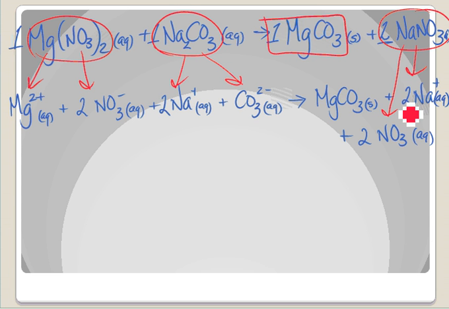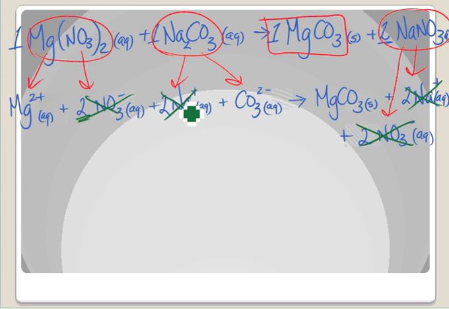Now we have to get rid of anything that is on both sides. They cancel each other out. We have 2 sodium here, 2 sodium there. We have 2 nitrate here, and we have 2 nitrates there. If it's a balanced chemical equation, that will be balanced as well.